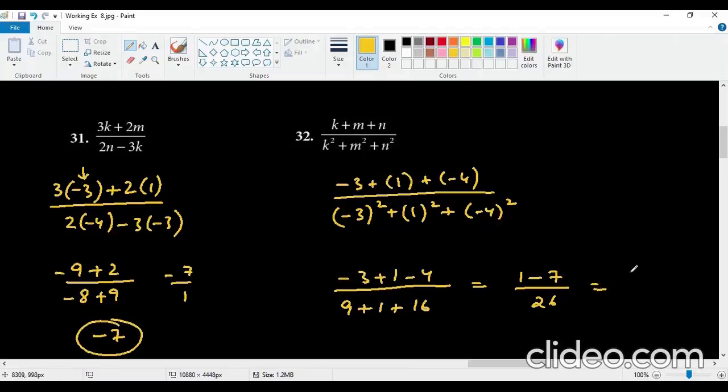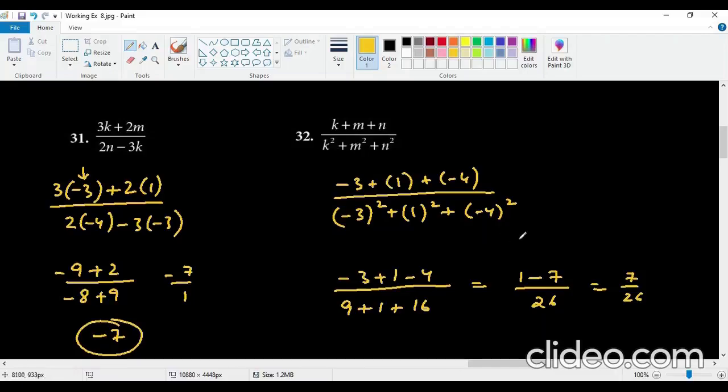So your final answer for question number 32 is going to be, is it 7 over 26? Let's see.